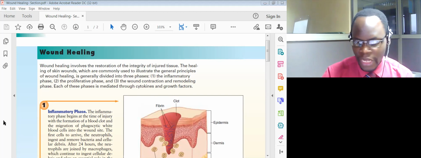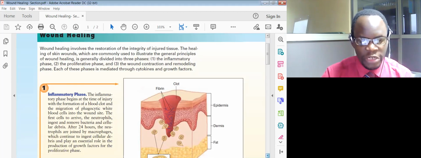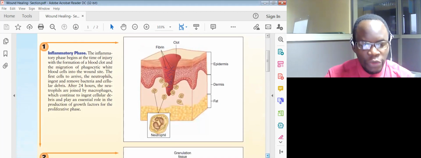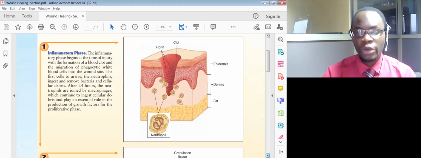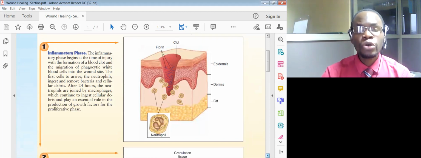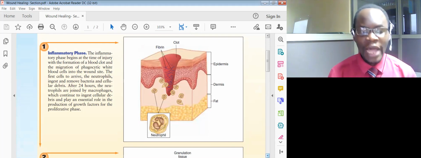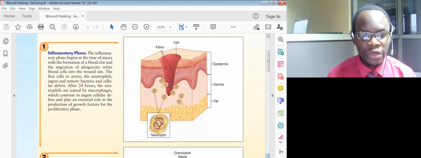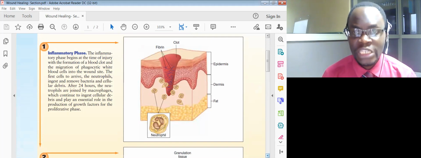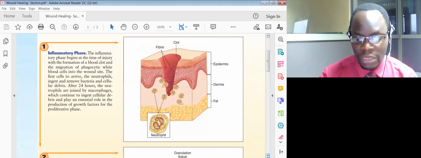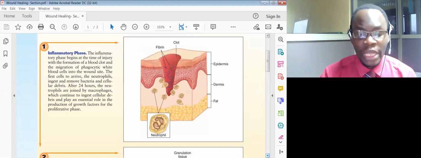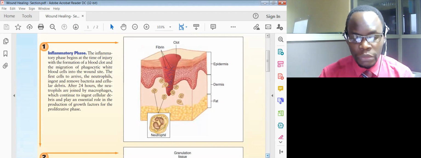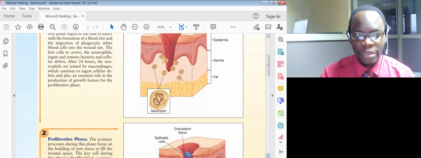There is what we call the inflammatory phase of wound healing, and we have already talked about inflammation. This is the first phase of cutaneous wound healing, where you have injury, the vascular and then the cellular changes, bringing about what we refer to as the inflammatory phase.